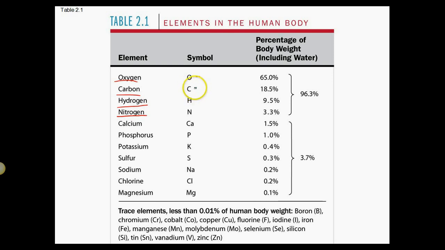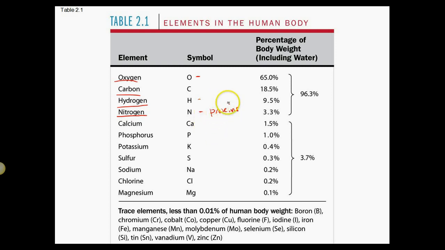So when you eat any kind of glucose, sucrose, sugary stuff, carbohydrates, your proteins, everything else is going to have carbon involved with it. Hydrogen as well. There are a ton of hydrogen, but because they're so tiny and they don't have a whole lot of mass, they only account for a small percentage. And then nitrogen makes up a small percentage as well, and you get this mainly from your proteins. Just as a side note.